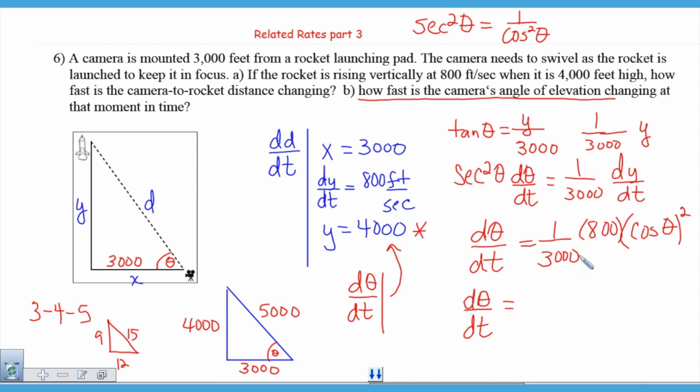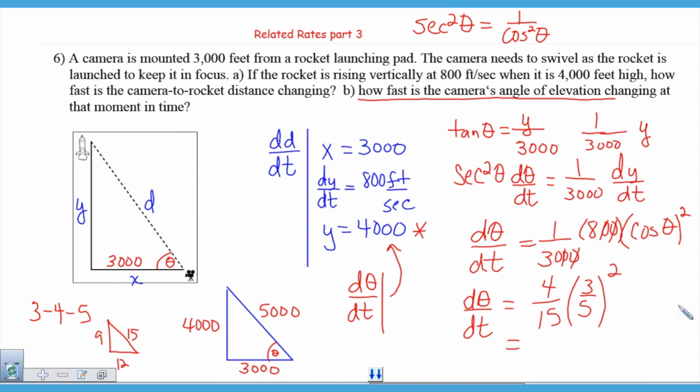I'm going to go ahead and knock out some zeros here. So I get, let's see, 2, so that's going to be 4 over 15 is what I get there. And I need to find cosine of theta, and when I do, I'm going to square it. Cosine of theta, this is theta, would be adjacent over hypotenuse. So that's going to be 3/5 because all those zeros would cancel, and I need to square that.